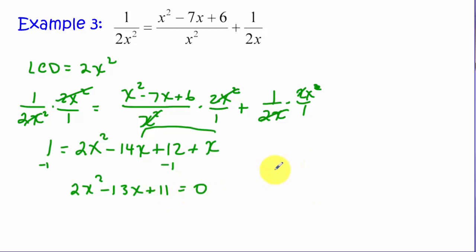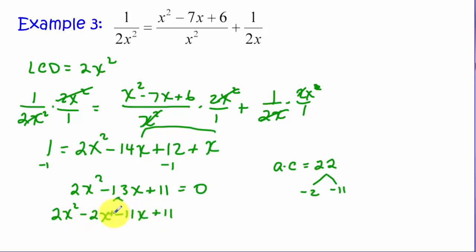So I'm going to factor this using the a times c method. So a times c is going to be 22. So that would be negative 2 and negative 11 are the factors of 22 that add up to be negative 13. Remember, we split this middle term into 2 pieces using our 2 factors.